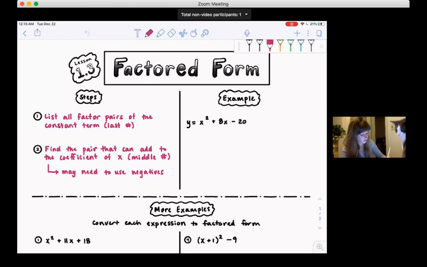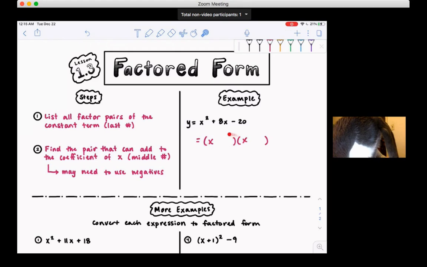We know that our factored form needs to look like this, right? We have two sets of parentheses that are the factors, and the first terms in those parentheses have to multiply to x squared, right? We multiply the first terms, x times x, we need to get x squared. Then we need to find what two numbers go here and here.